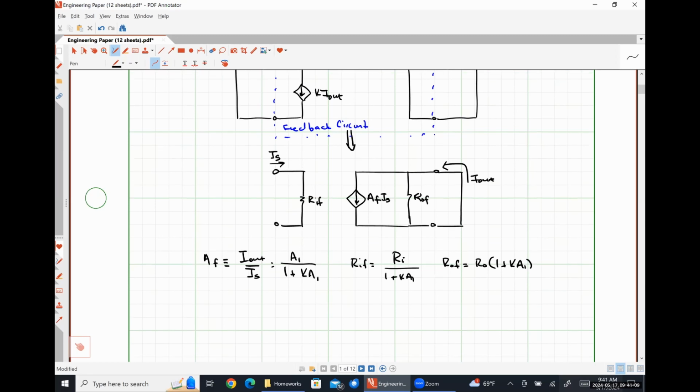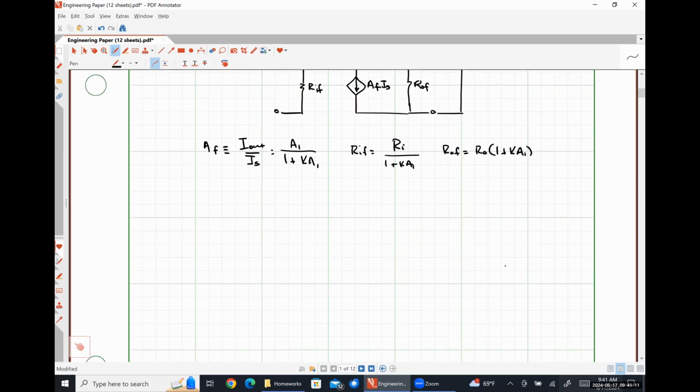So now let's look at the practical case. In the practical case, we might have some signal resistance. We might have some load that has an impedance. So instead of it being a short circuit, it might actually have a resistance. And our feedback network may load the input and output ports of our open loop amplifier network.